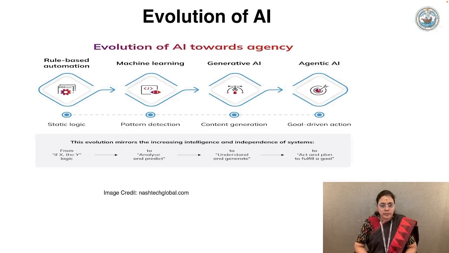Earlier systems were built upon rule based automation. Rule based automation strictly has an input and an output, so they consider only static logic. Later on, machine learning came into effect. Under machine learning, the machines are trained with proper data, and after some point of time, the machine tries to learn the patterns from the data.